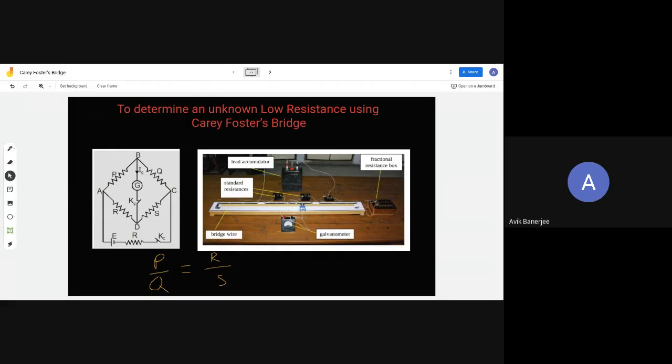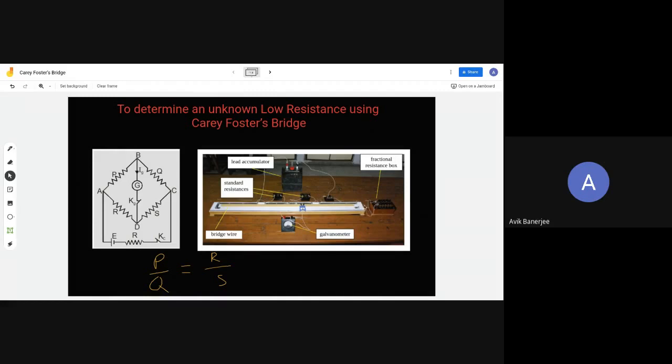In the first case, say the resistance box is connected on the left hand side and the unknown resistance is connected on the right hand side. And for the second set of observations, the resistance box is connected to the left hand side and the unknown resistance is connected, or the other way around.